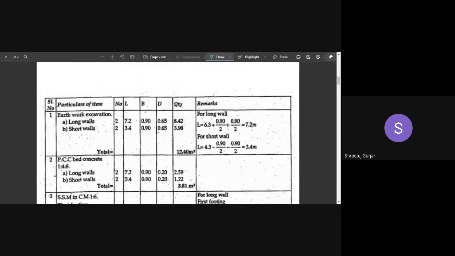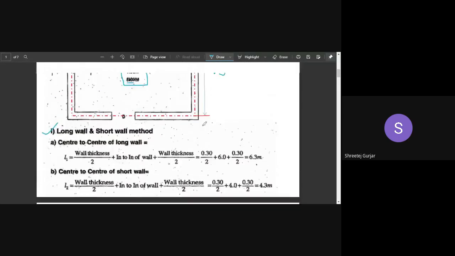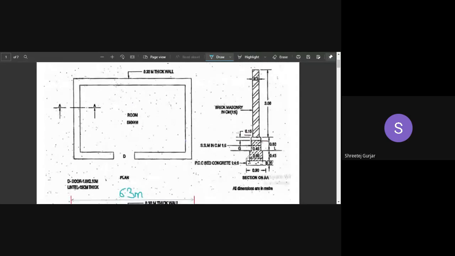Coming to the next thing, I hope you have drawn the tabular column. I will explain, then you can write it down later. The first thing that you have to write in your tabular column is earthwork in excavation, because the first thing you do is excavate the ground for your foundation.